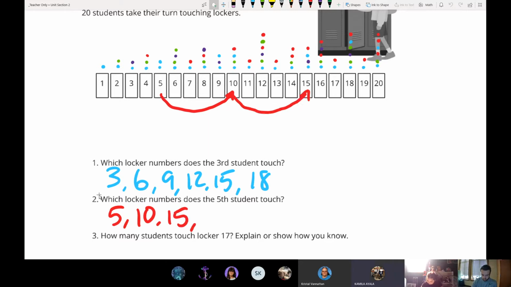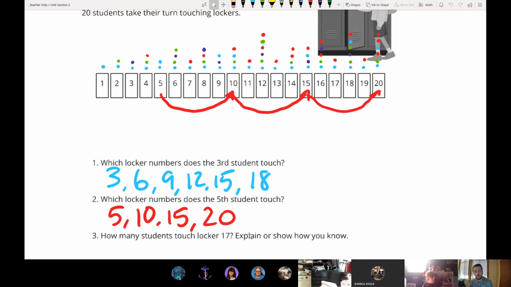And 20. And 20, very good. And I'll ask you the same question as I asked Malia, Camila. These numbers here, 5, 10, 15, 20, are these factors or multiples of 5? Multiples? These are multiples of 5.